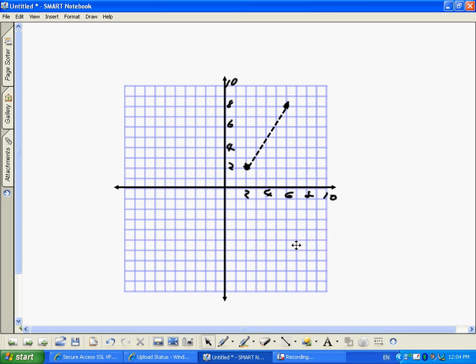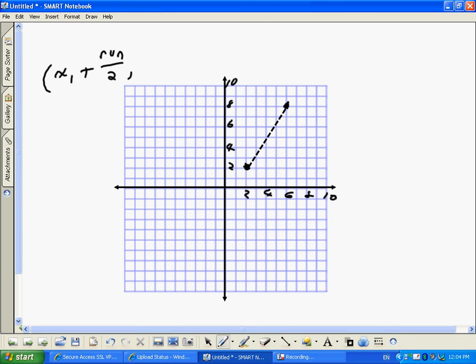One way the book has shown you guys how to do this is you take x1, which will be our first point. You take x1, you add it to the run divided by 2. That will give you your first point. And your second point, I believe they give you it as y2.